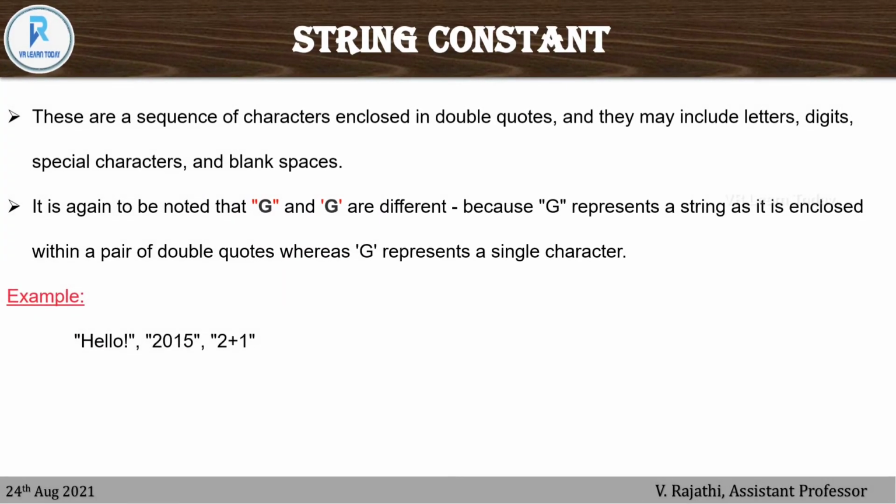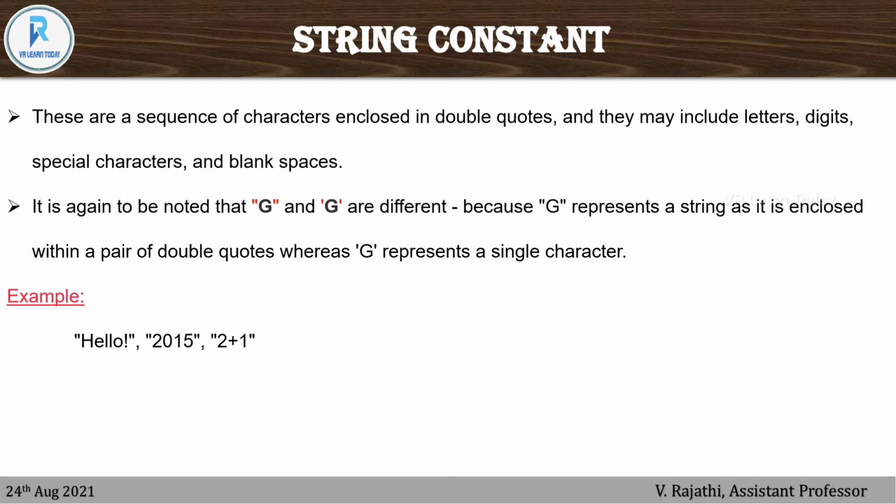So next, string constant. A string is nothing but a sequence of characters enclosed in double quotes, and it may include letters, digits, special characters and blank space. It is again to be noted that double quoted G and single quoted G are different.